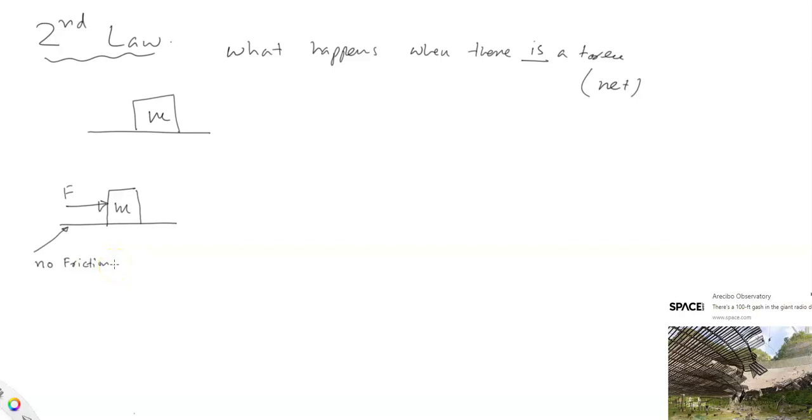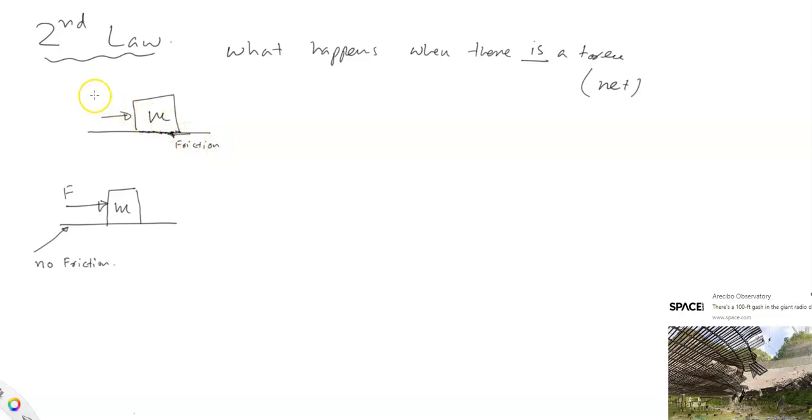Why do I have to say no friction? Because when I apply a force, if there is friction, let's go back to this diagram. I'm applying a lot of force, enough to move this, but there is friction, because this is a rough surface. The friction is working against me, pushing back. It's always against you.